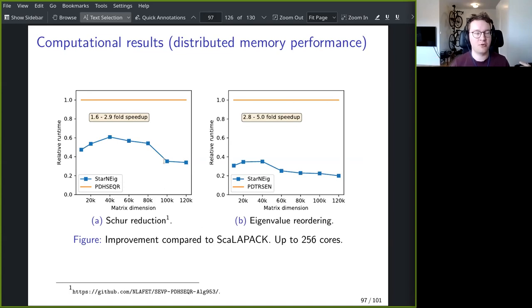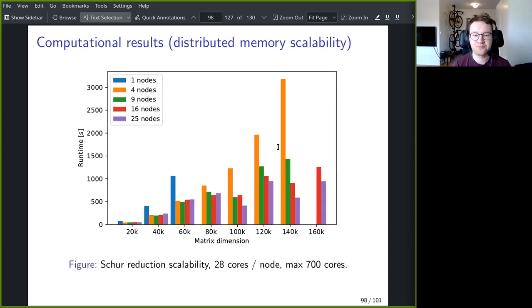But if you look at the Eigenvalue reordering step, that is a direct method, with nothing iterative involved. There we get a much higher speedup, between 3 and 5 times faster than what could be done with MPI. And all this speedup comes from the fact that we are removing all the global synchronization points and instead allowing the runtime system to make sure that all the data dependencies are respected.